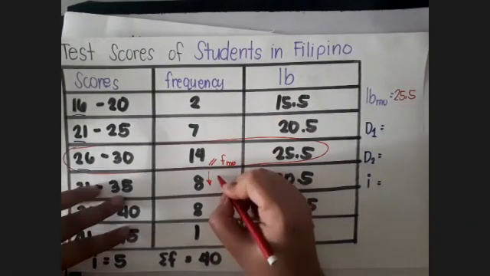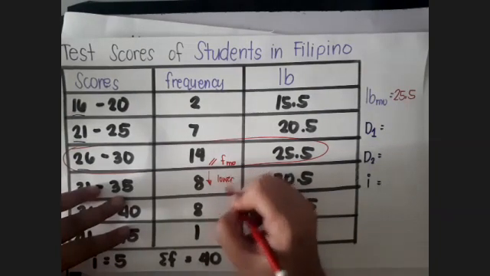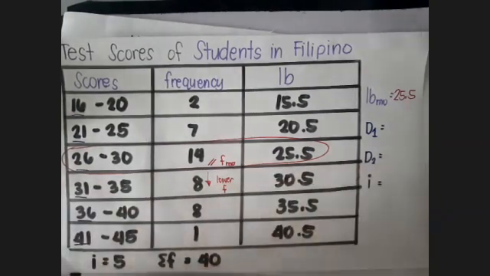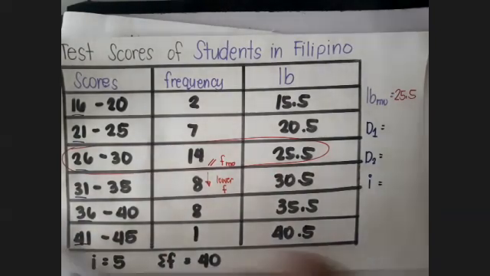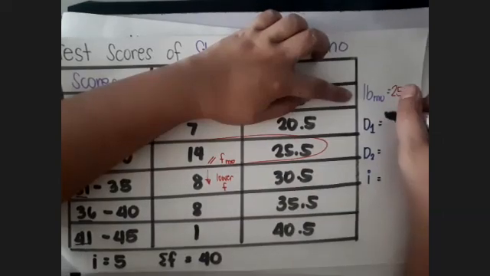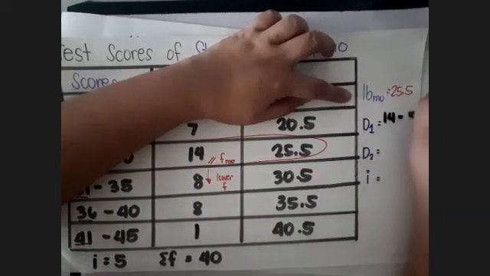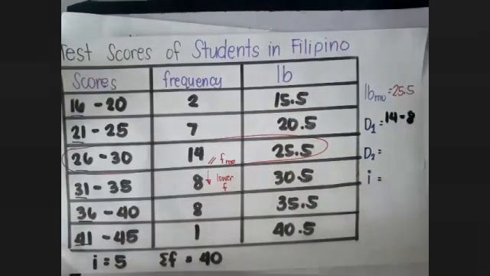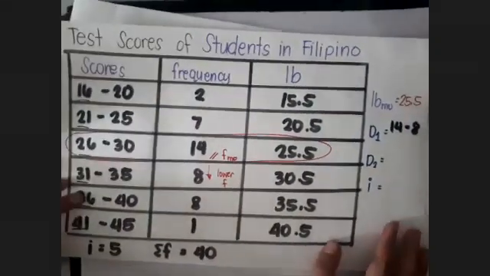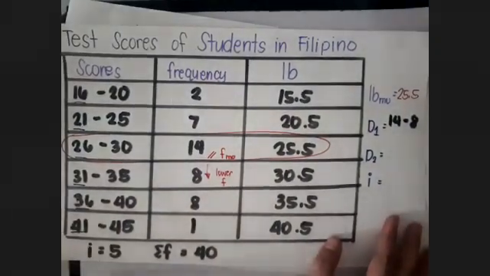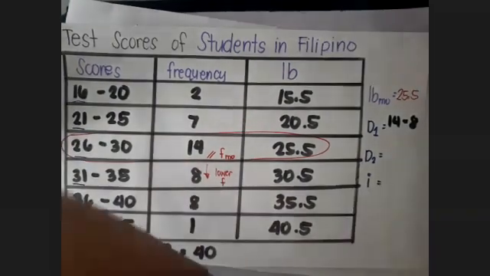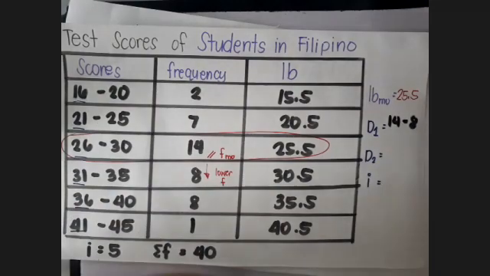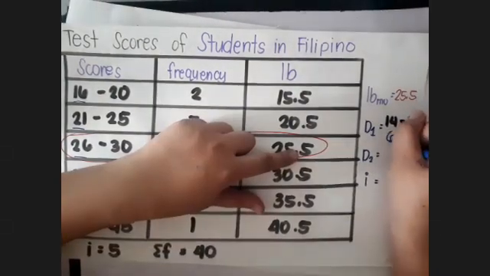So, ito yung lower frequency natin. So, for us to compute this one, all you have to do is just to subtract 14 and 8. So, here we have 14 less 8. Okay? Next, 14 less 8 makes 6. Meaning our D sub 1 is 6.